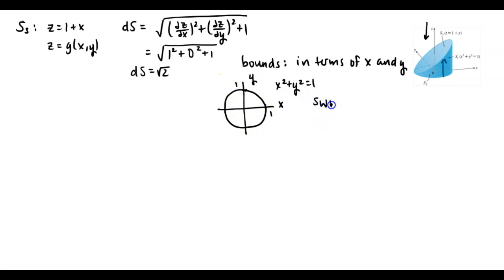So we're going to switch to polar since our bounds on the xy plane are a circle. And in polar coordinates, this makes our lives a little bit easier. We know our r just goes from 0 to 1, and our theta just goes from 0 to 2 pi.